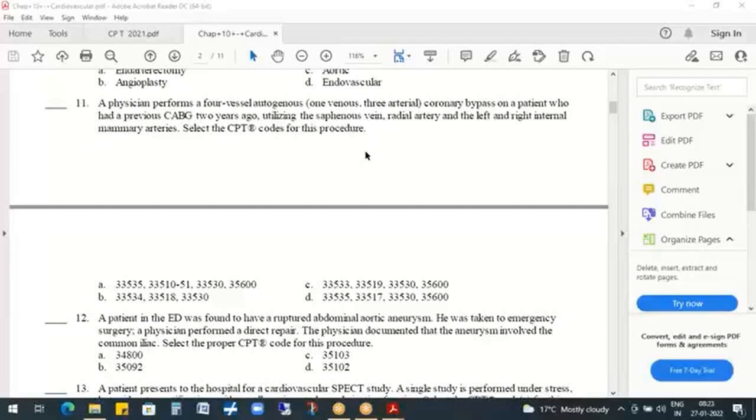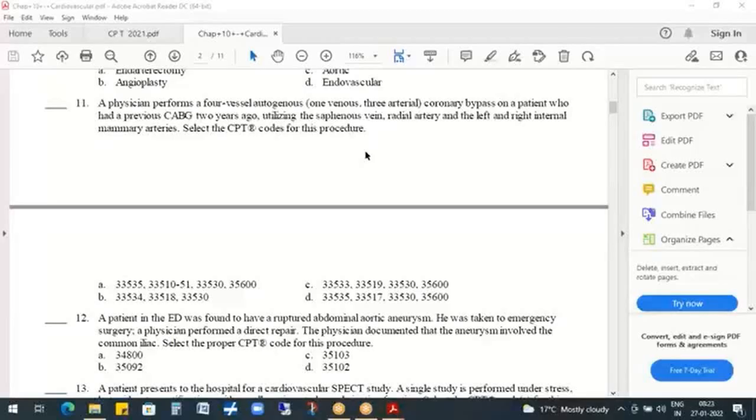Transvenous or epicardial. How many ways can they place the leads into the body? Through transvenous or epicardial. Next point, number of chambers.